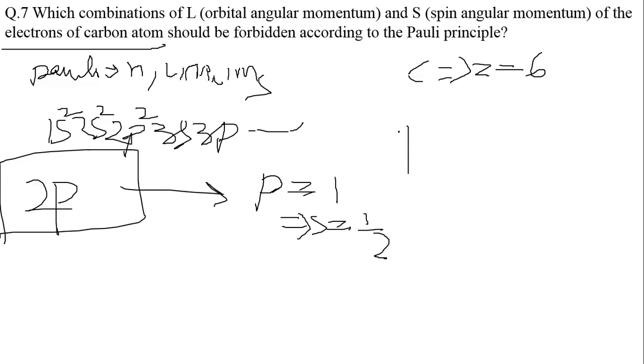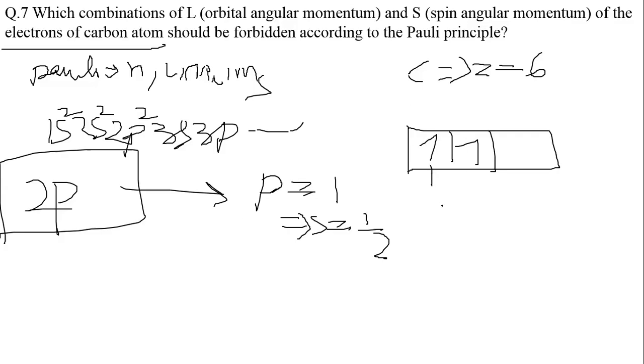So let's draw the p shell. Here, since the question is based on LS coupling, what happens in LS coupling? In LS coupling, in the p subshell there are two electrons present.